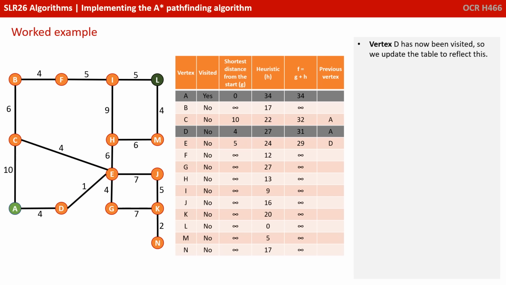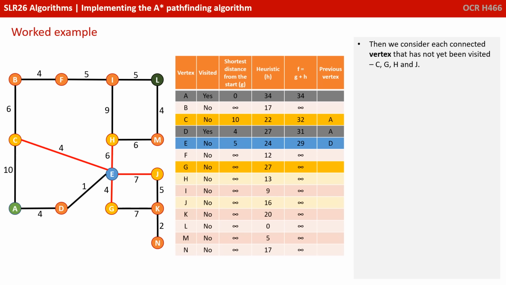Okay, vertex D has now been visited, so we update the table to reflect this. Once again, we search for an unvisited vertex with the lowest F value. So currently, that's E at 29. We then consider each vertex connected which has not been visited.